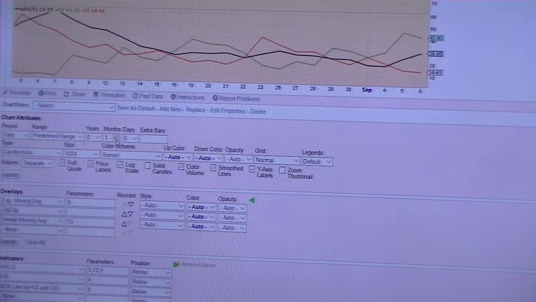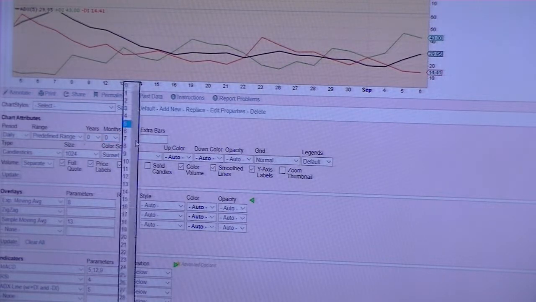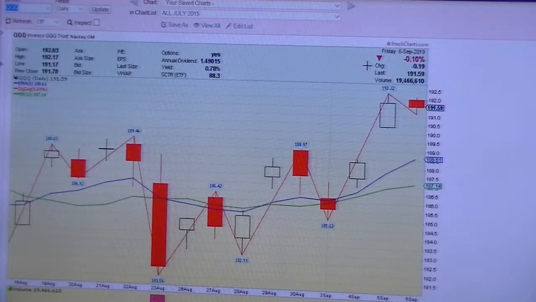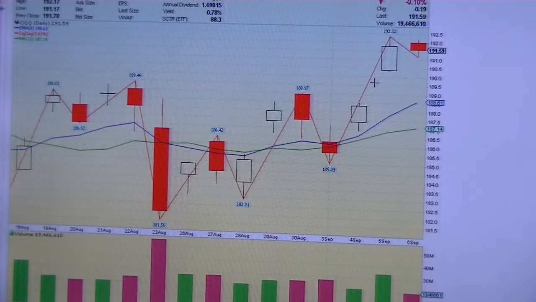So let's do the last 15 days. So if we go to last 15 days, our support area is about 181.56, and again our resistance area is that 192.32.